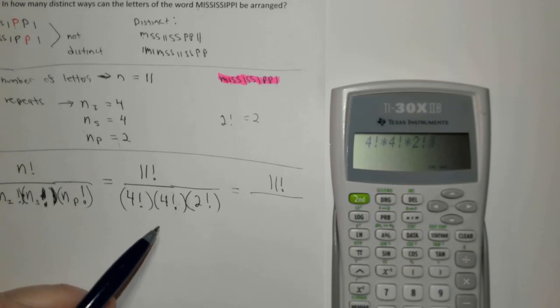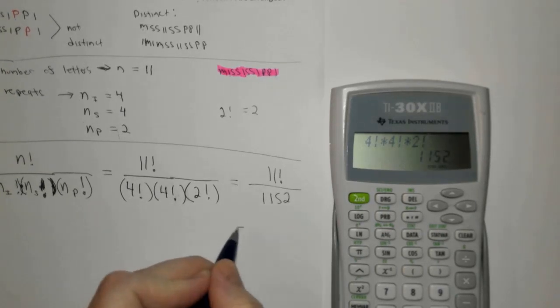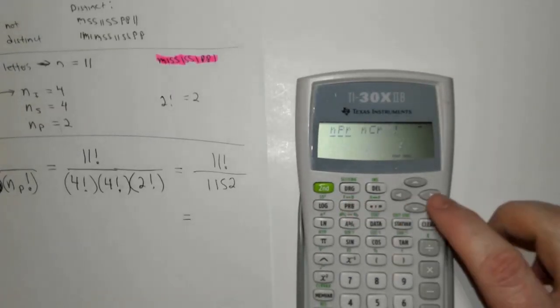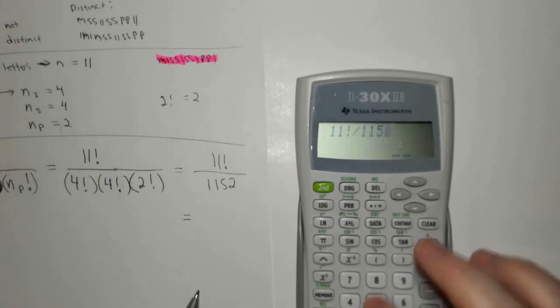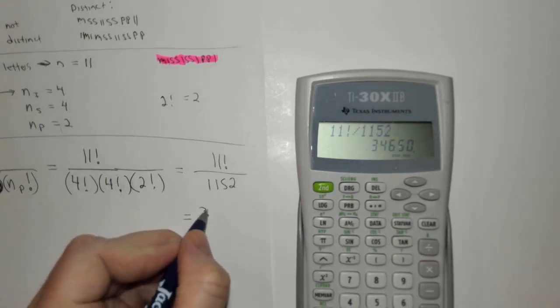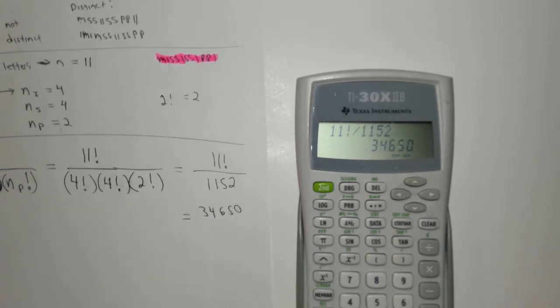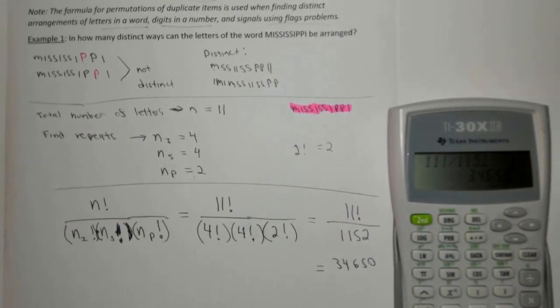Okay, so that's 1152. And now it's easy to do 11 factorial over the number we just had, 1152. 34650. Okay, so that will do it for this section.